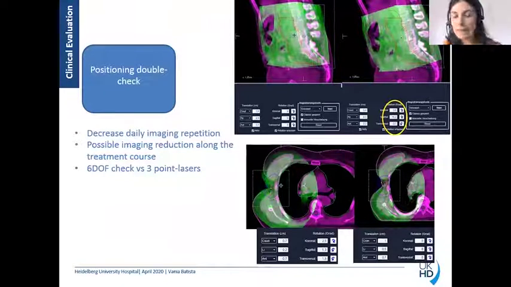The second case is a re-irradiation of a breast with a small irradiation target. In this case, the first cone-beam CT was without Align RT, and it was quite difficult to find the perfect match between the two images, the planning CT and the cone-beam CT.